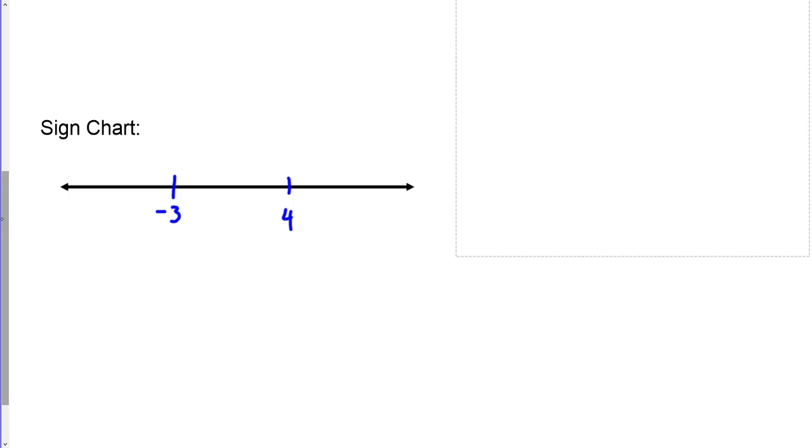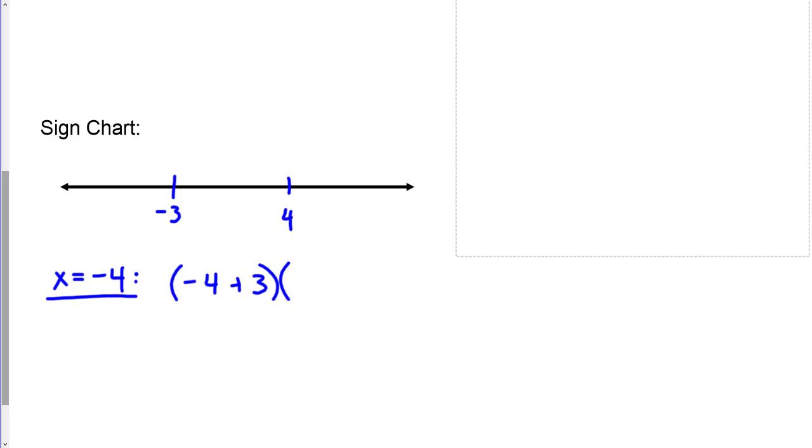So for instance, if I chose a test value of x equals negative 4, which is on my first interval, then when I take negative 4 and place it into my factored polynomial, it's negative 4 plus 3, because that first factor was x plus 3.